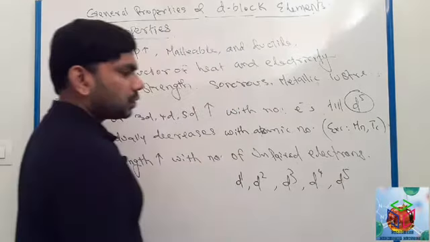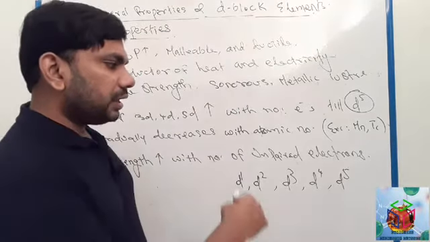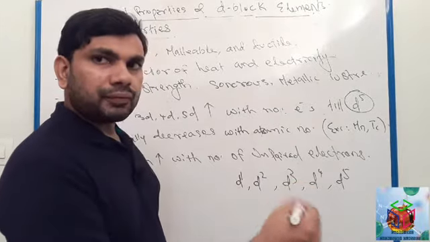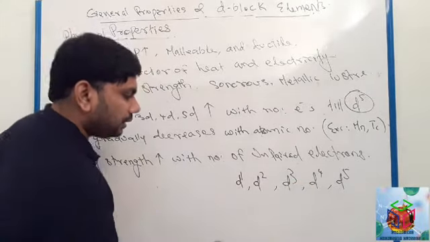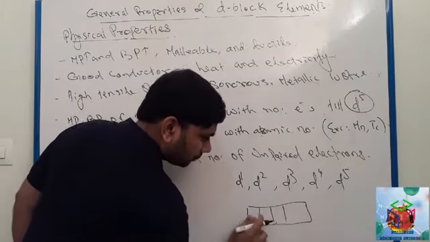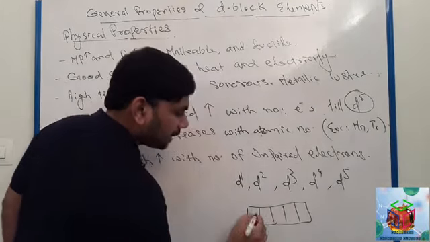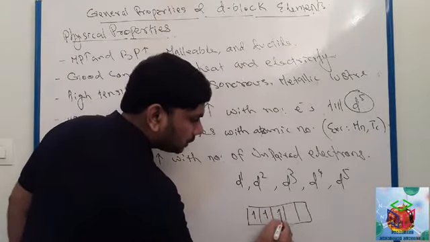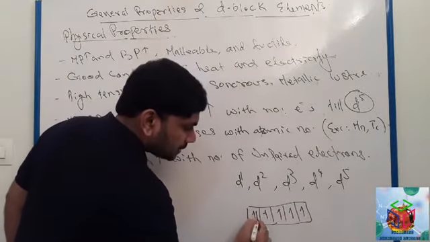After d5, imagine one d orbital which contains 6 electrons, so it will be 1, 2, 3, 4, 5, 6.